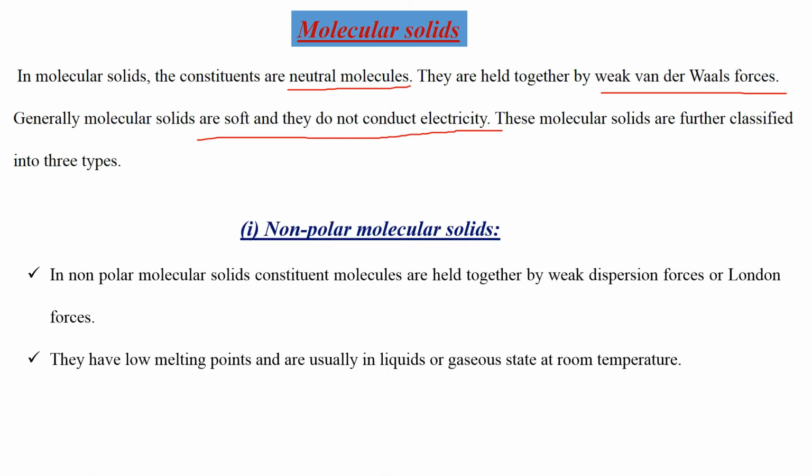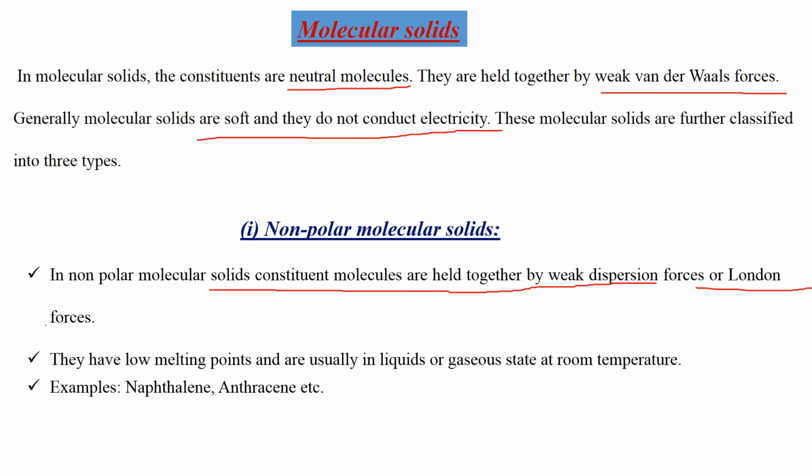And now non-polar molecular solids. In non-polar molecular solids, constituent molecules are held together by weak dispersion forces or London forces. They have low melting points and are usually in liquid or gaseous state at room temperature.